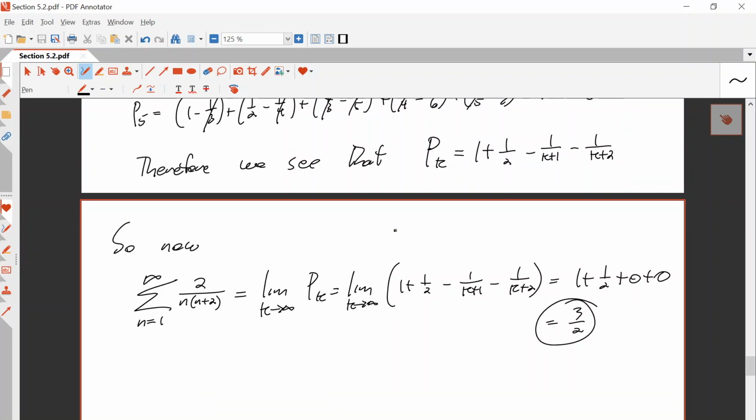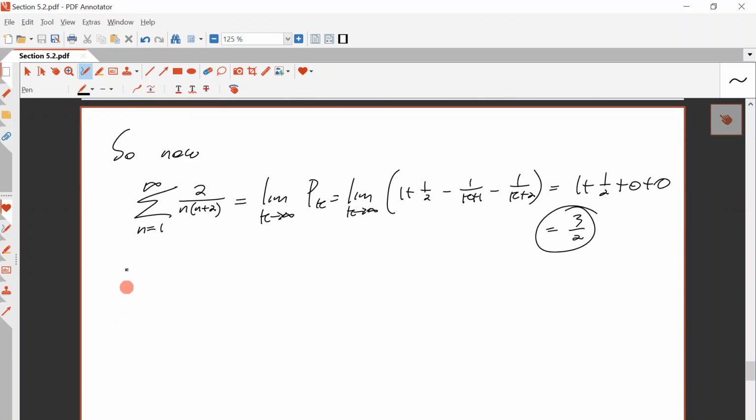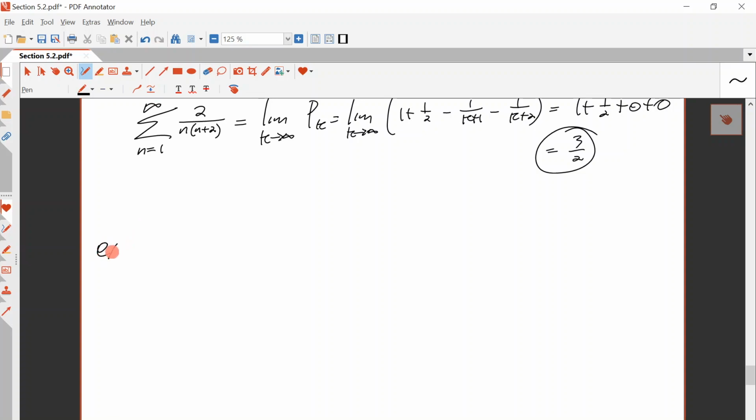All right. Another telescoping series as follows. Sum n equals 0 to infinity of natural log of n over n plus 1. Right? Well, the partial sum, pk, is equal to, and I'm just going to write out the whole thing.